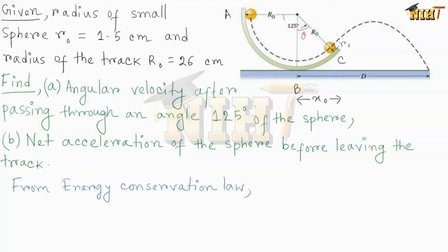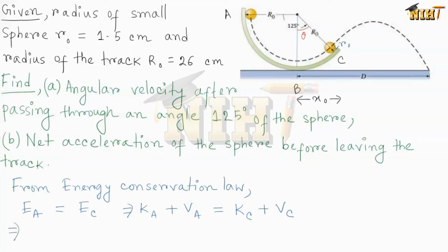we can say that the total energy along this point A will be equals to total energy along this point C. From here we can write total kinetic energy at A point plus total potential energy at A point will be equals to total kinetic energy at C point plus total potential energy at C point.